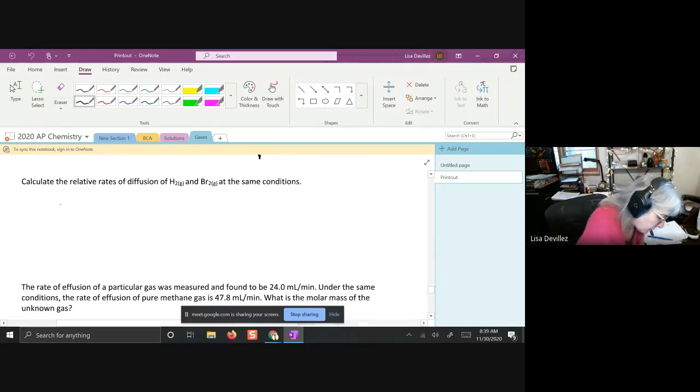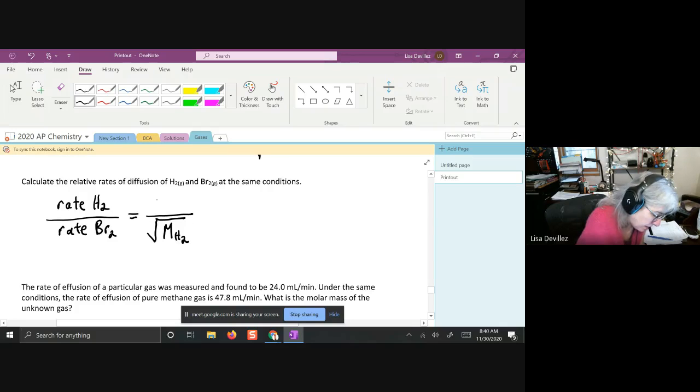So what we're saying then is that the rate of the hydrogen relative to the rate of the bromine is equal to the square root of the mass of the bromine on the top, and the square root of the mass of the hydrogen on the bottom.